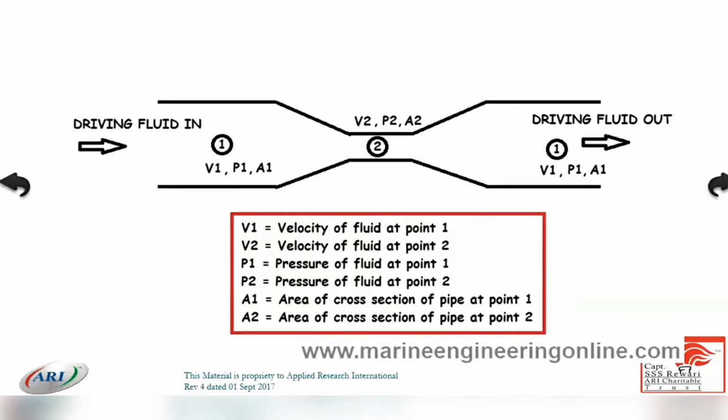The same thing happens in squat in navigation, which you must be very much aware of. Squat is also happening because of that. What is happening in squat? All of a sudden, there's a ship passing by, and the distance from the keel to the bottom is reduced. As the depth is reduced, the flow of water here, which was quite okay, has to pass through the same area to the other side.